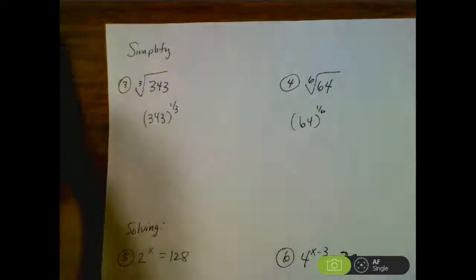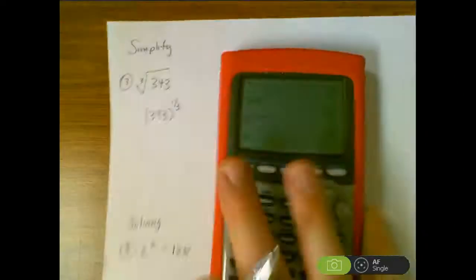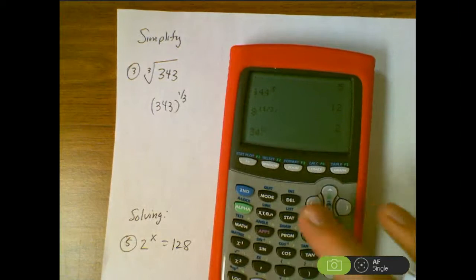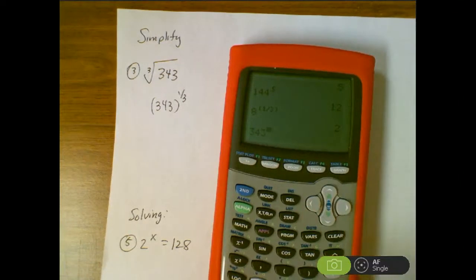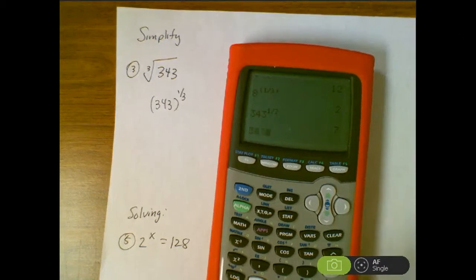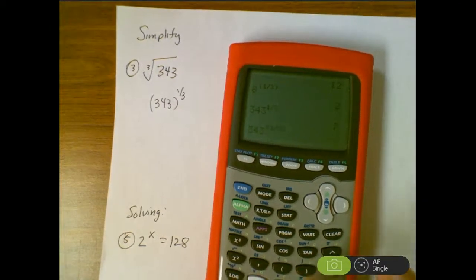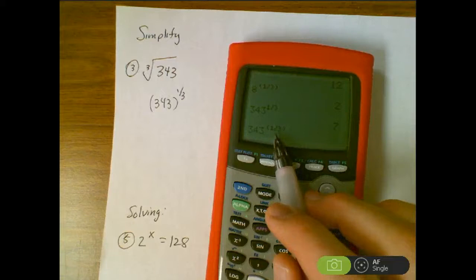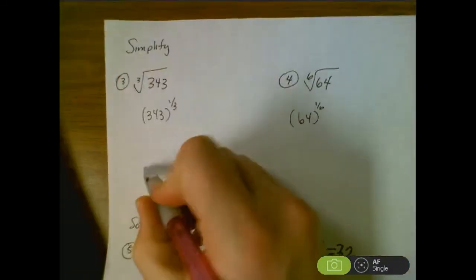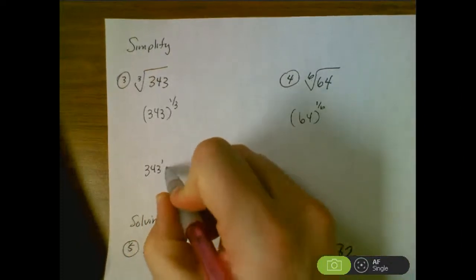Now type this into your calculator. We know where that button is. 343 to the 1/3 power. Be careful in your calculators. Make sure, I didn't do it this time, make sure you're putting parentheses up there. Because in your calculator, if you don't, it'll do 343 to the 1st times 3.